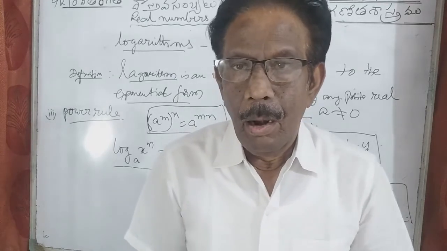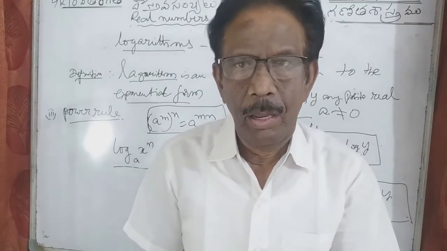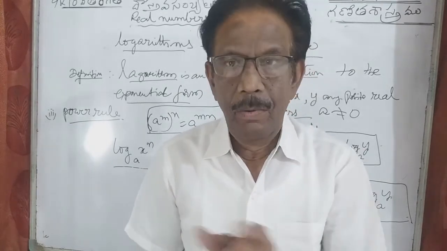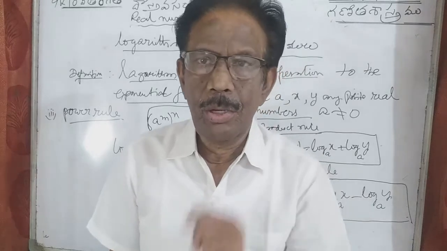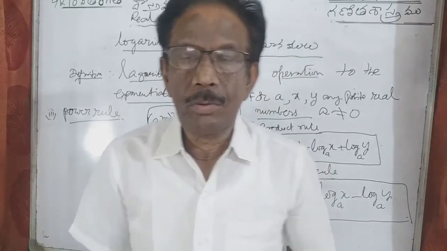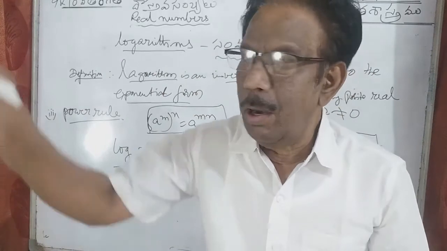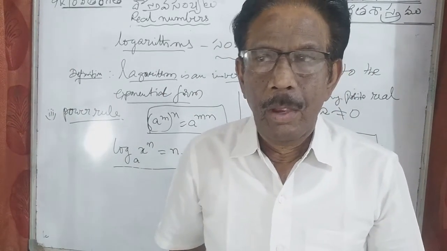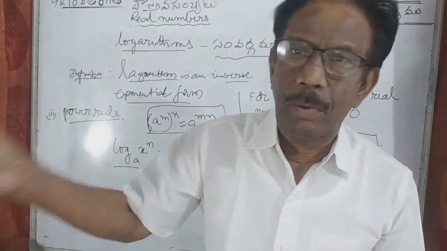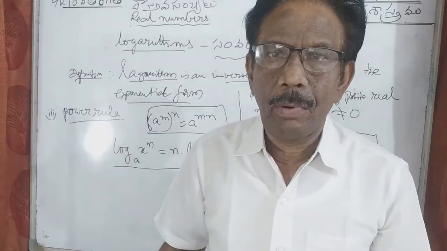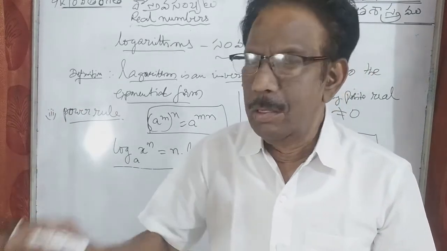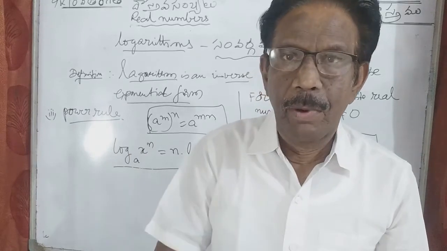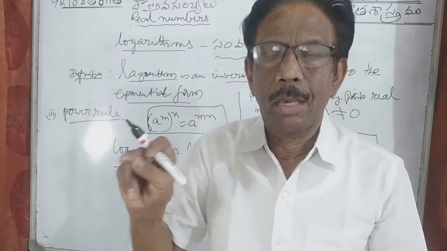Like that, log 1 to any base is 0, since a to the power of 0 is equal to 1. In the laws of indices we studied a to the power of m by a to the power of n. When m and n are equal, m minus n is equal to 0, so a to the power of 0 comes. When m and n are equal, a to the power of m by a to the power of m is equal to 1. So therefore a to the power of 0 is equal to 1. For any base, if the power is 0, then it is equal to 1.